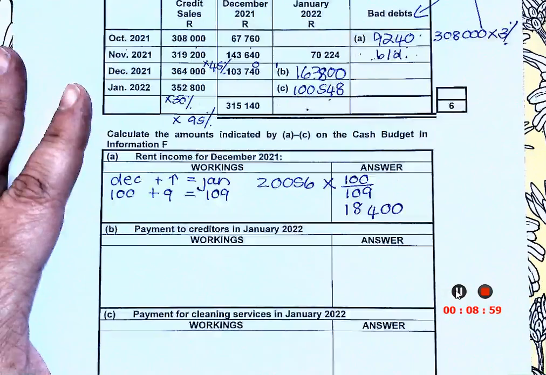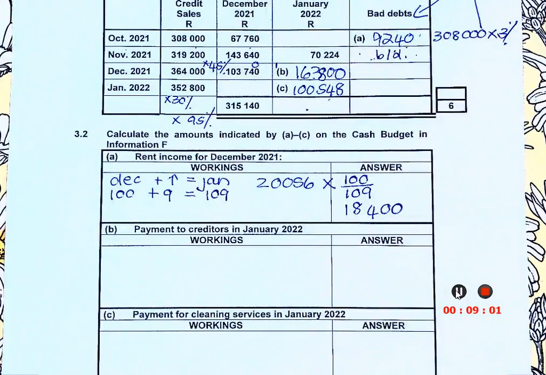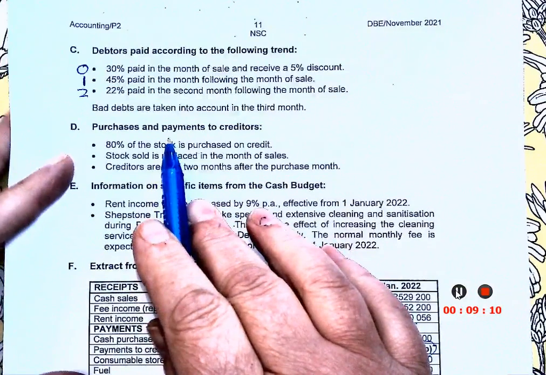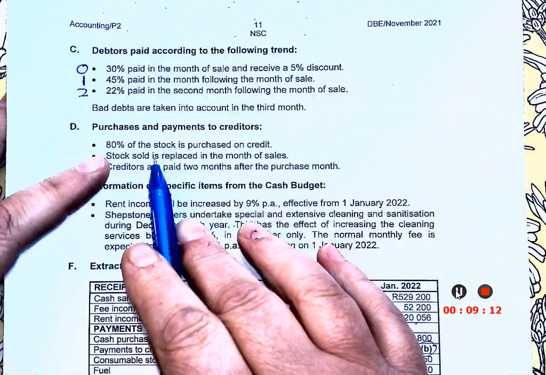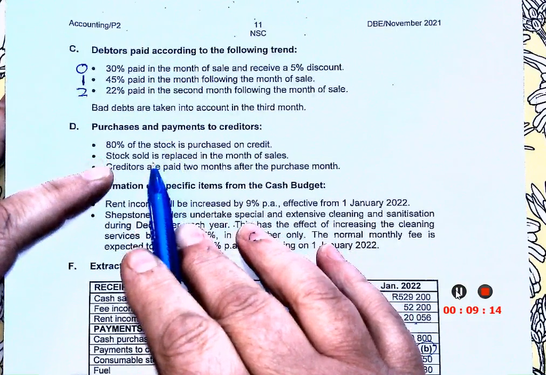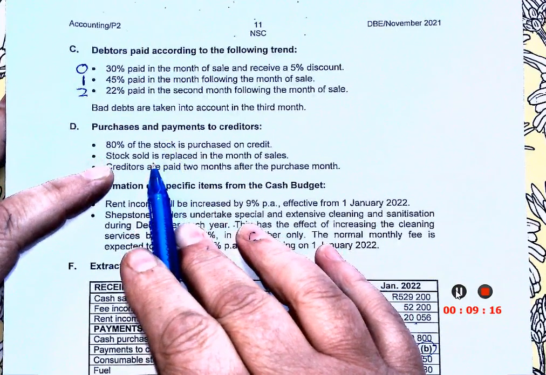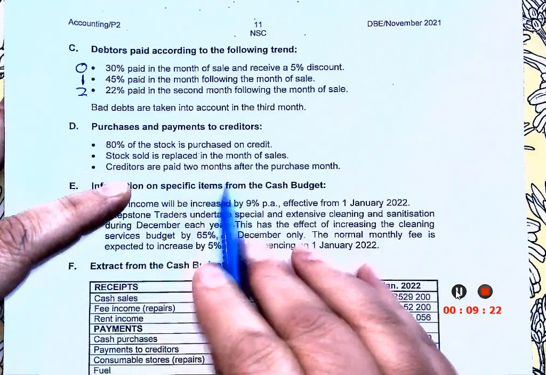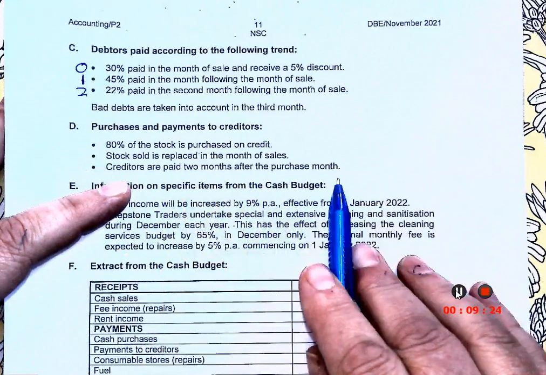Payment to creditors. Now, let's quickly look. Payment to creditors, they want for January. So, I look at purchases. 80% is credit. Stock is replaced in the month of sales, meaning purchases equals cost of sales. Creditors are paid 2 months after the purchase month.